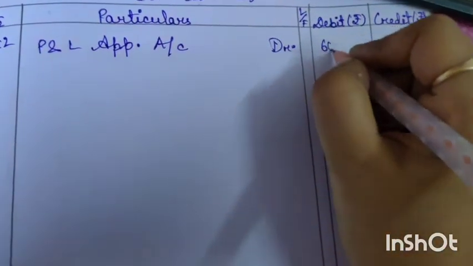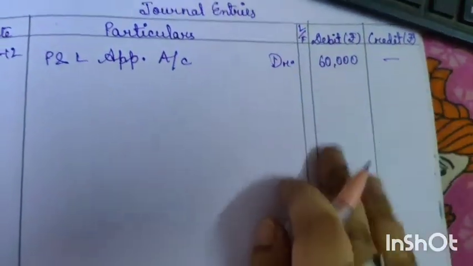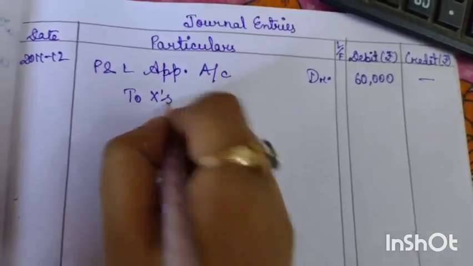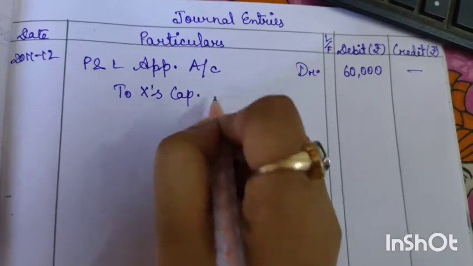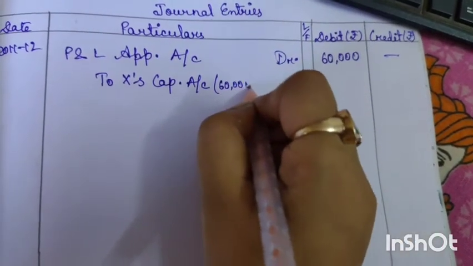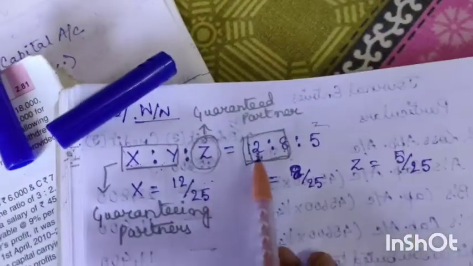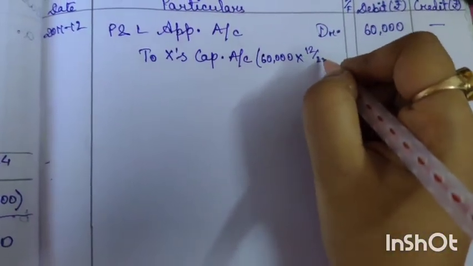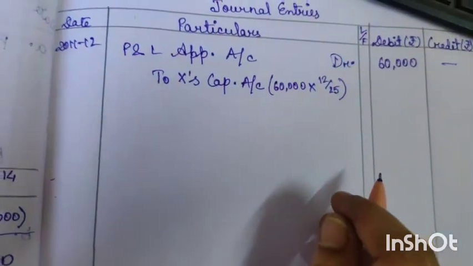Now who are the partners? First it will be X capital account. What should be the share? 60,000 into, what was the ratio? 12:8:5. So the share will be 12 by 25, not 5, 12 by 25.